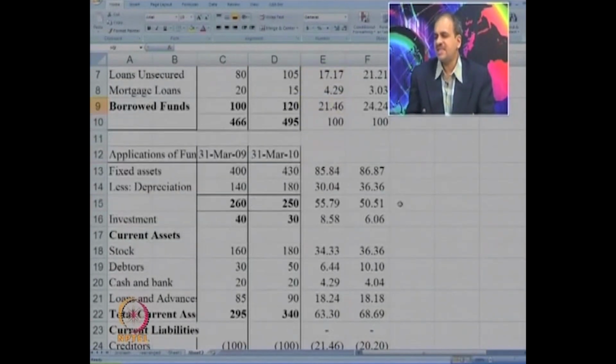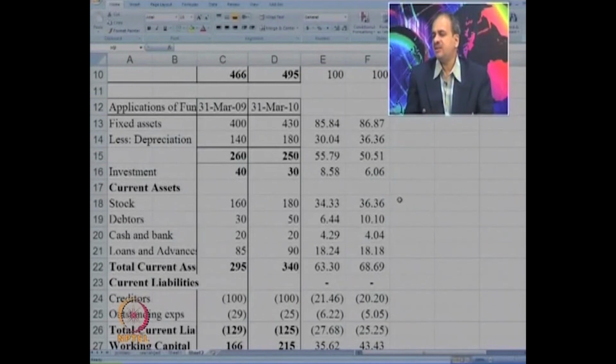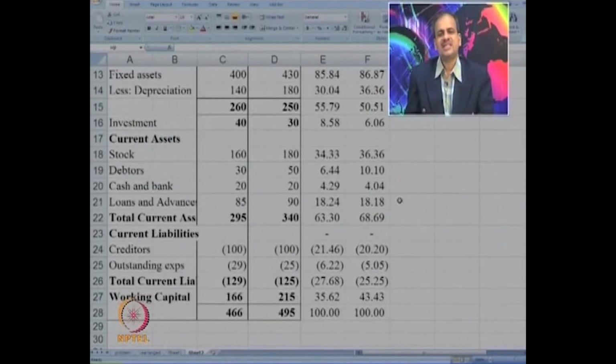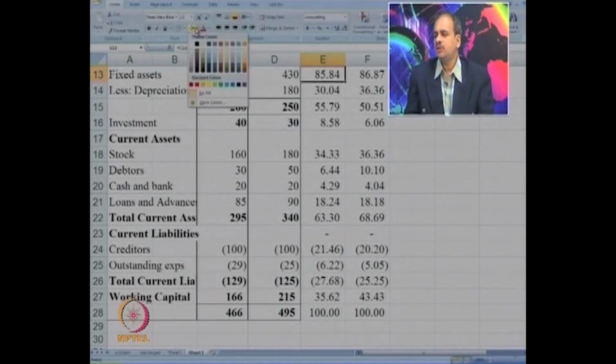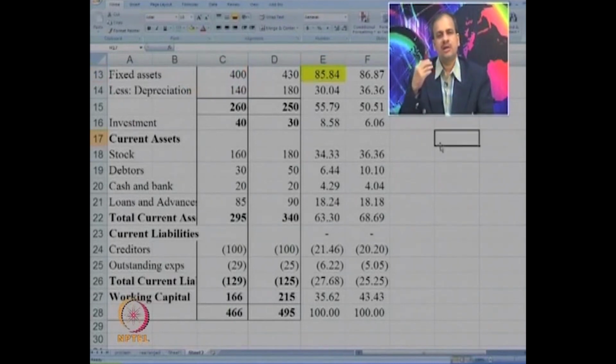Now, have a look at assets. You will realize that out of the total assets, bulk of the assets are in the nature of fixed assets. It looks like the company is a manufacturing concern, or a service entity which has a lot of reliance on assets.